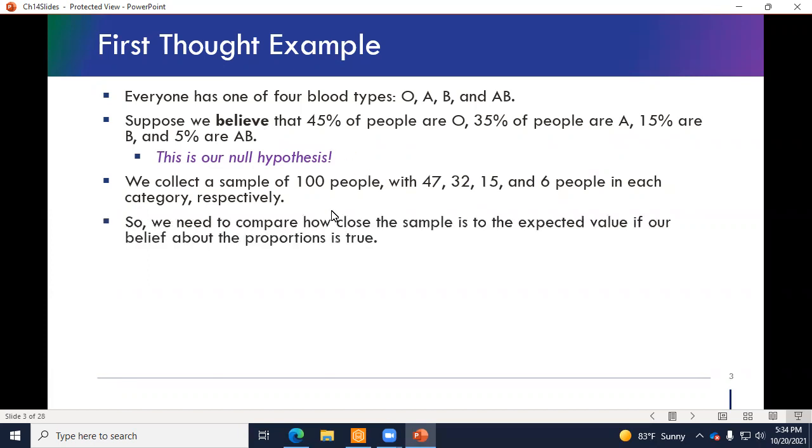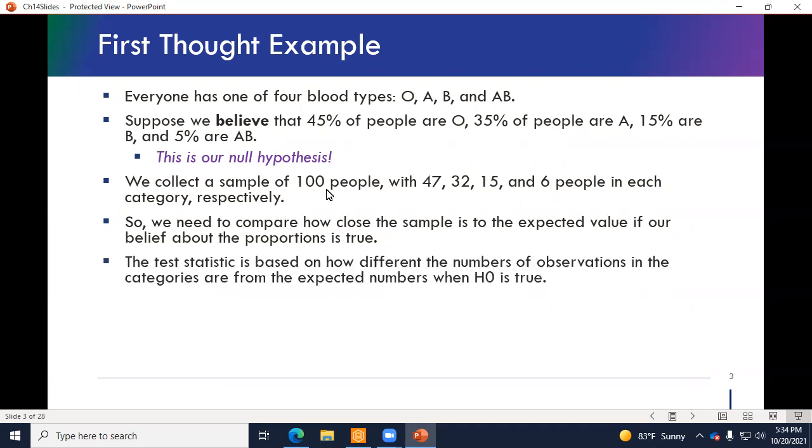This is our data, and we just want to compare how close our sample is to the expected value if our belief about these proportions is true. So we want to compare how close this sample is to the expected value under the condition that the null hypothesis is true.